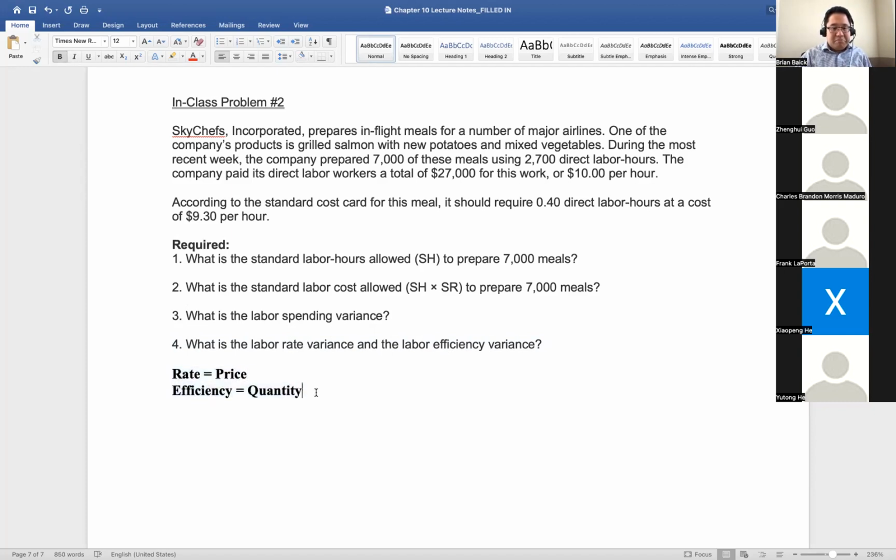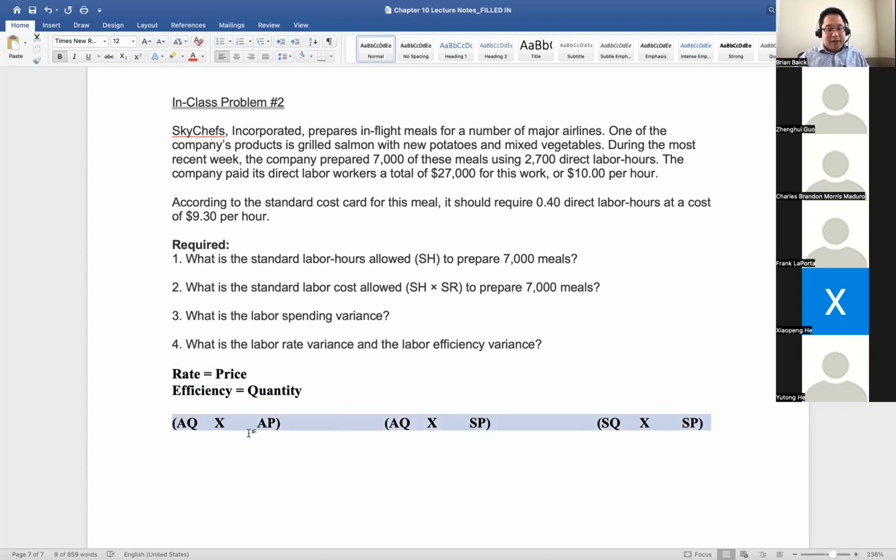All right, then I'm not gonna read any of this because I know that my best friend for any problem in this chapter is AQ times AP, AQ times SP, SQ times SP. Somebody in the other class asked, do we have to memorize this?